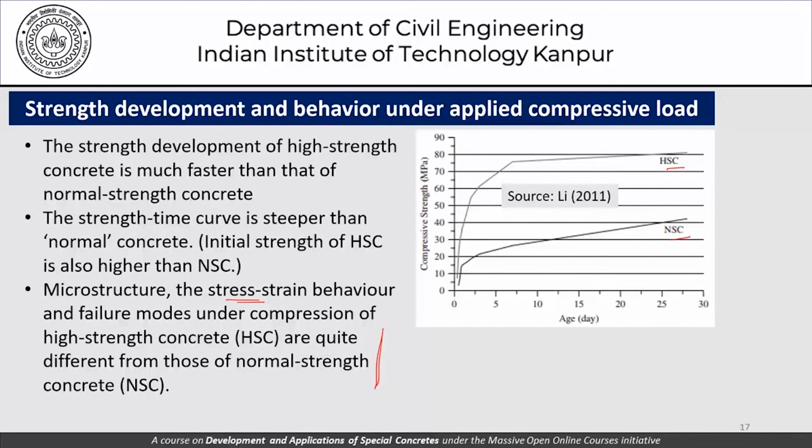This is something which I'm not showing on purpose, leaving it to you to do the homework and see what is the difference between the microstructure, the stress strain behavior and the failure modes. We'll talk about the microstructure and the failure modes a little bit in the next few slides, but I would like you to read about the stress strain behavior of high strength concretes and its comparison with the stress strain behavior in normal strength concrete.